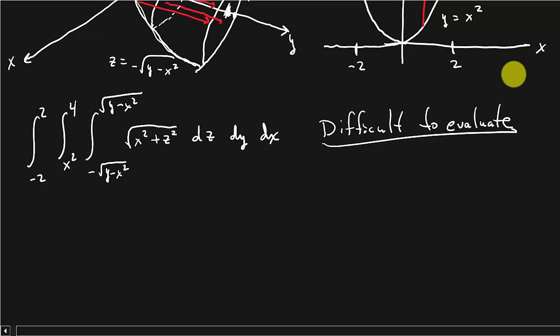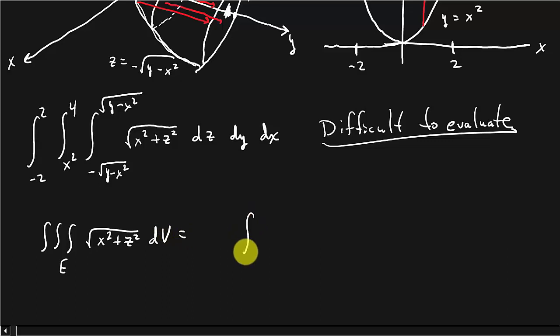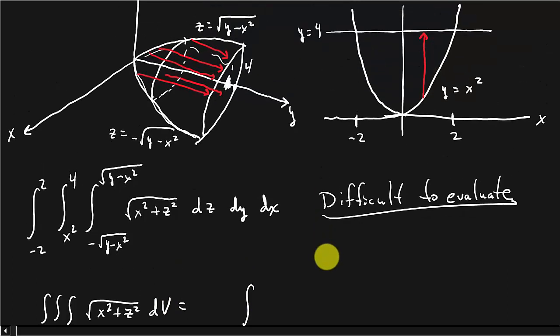Let's copy the problem down again. That's the square root of x squared plus z squared dV, and that is going to equal, integrating with respect to y first, from this point here.